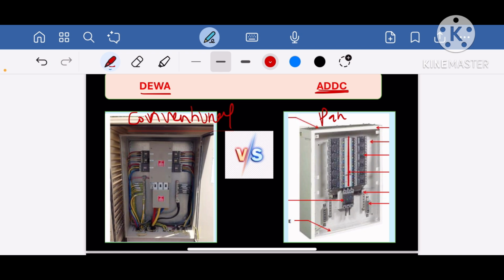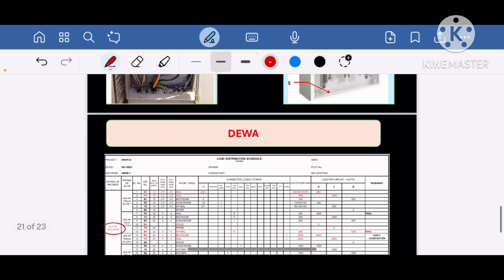Here there will be a ready-made bus bar, and this ready-made bus bar we will assemble in the enclosure. But in the conventional type, the assembly of the bus bar depends on our specific design, while here the bus bar will be readily available in the market. That design of SMDB is called pan assembly design, and for DEWA that design of SMDB is called conventional type.